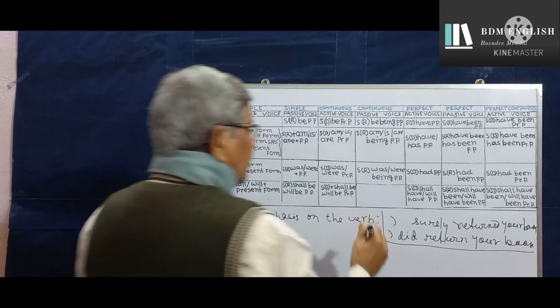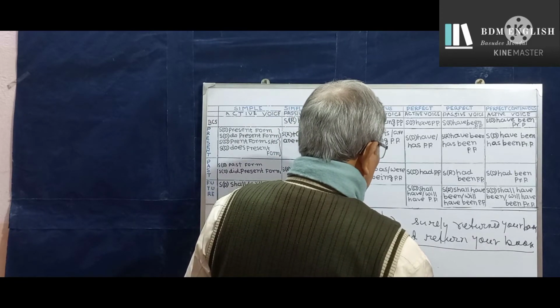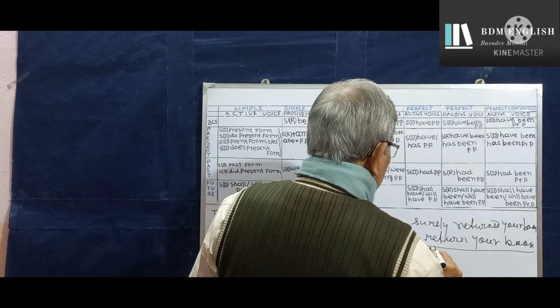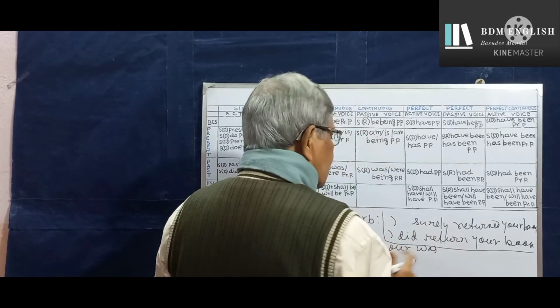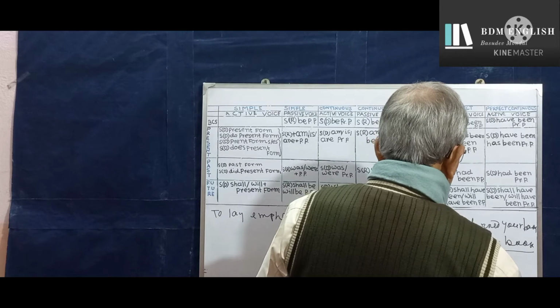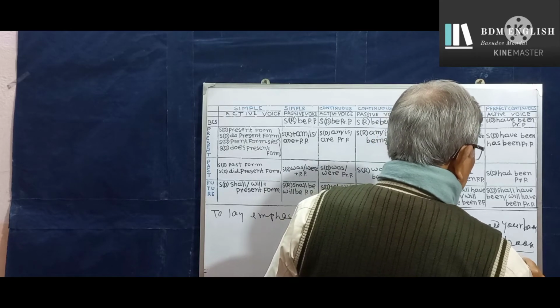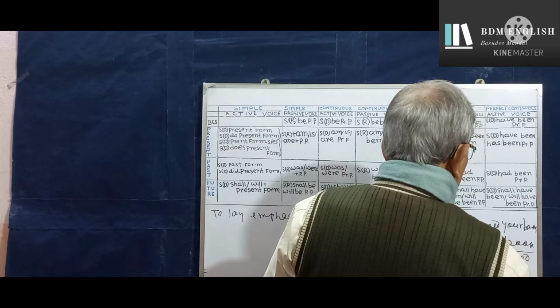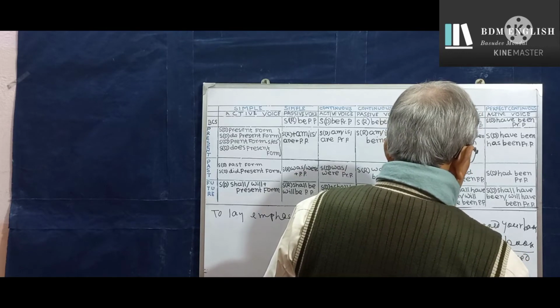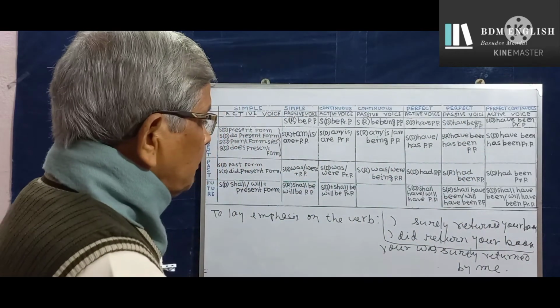So the passive form would be: your book was. If you change the voice of this sentence, we must retain the adverb surely. Your book was surely returned by me.